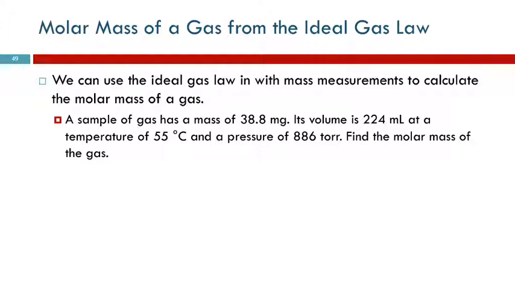With gases, you can calculate the number of moles if you measure the volume, the pressure, and the temperature, and then you can weigh it to find the mass. Molar mass is the grams divided by the moles. In this example, a sample of gas has a mass of 38.8 milligrams. Its volume is 224 milliliters at a temperature of 55 degrees Celsius and a pressure of 886 torr. Find the molar mass of the gas.